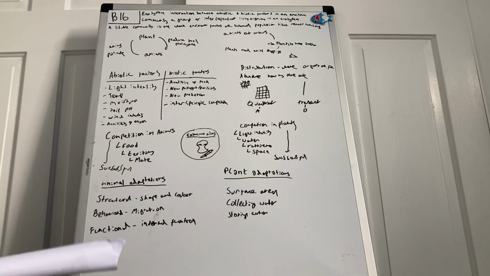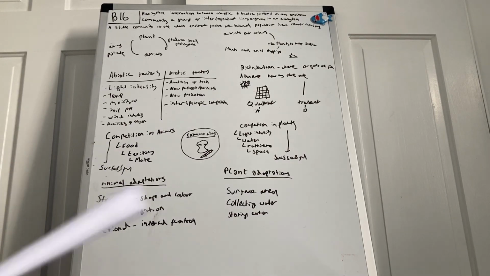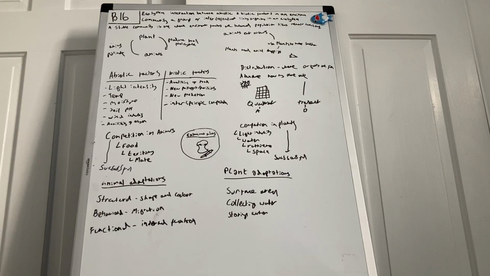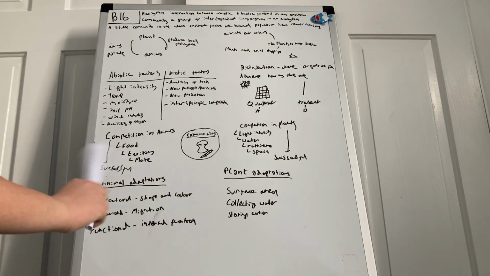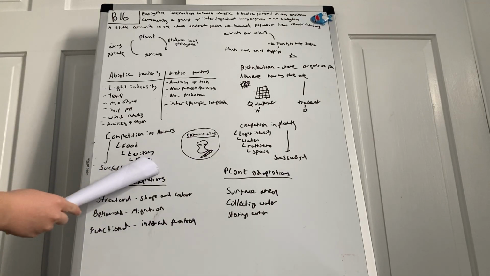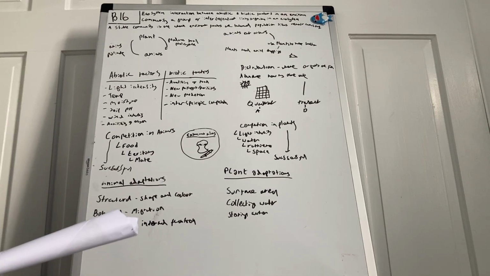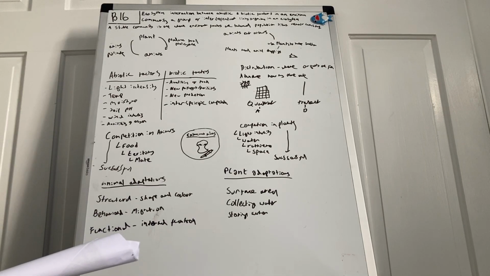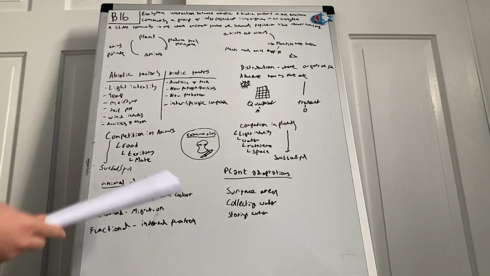For example, herbivores may feed on the same plants, or carnivores may hunt the same gazelle, whatever, right? They also compete for territory, and also compete for a mate, so that they can win the female, right?